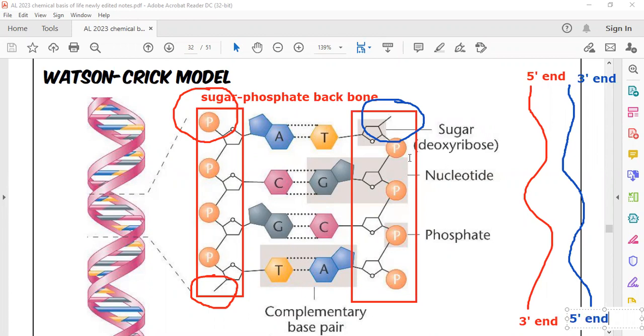So can you understand these two chains are connected in opposite directions? One's 5' end and the other one's 3' end are parallel. One's 3' end and the other one's 5' end are parallel.